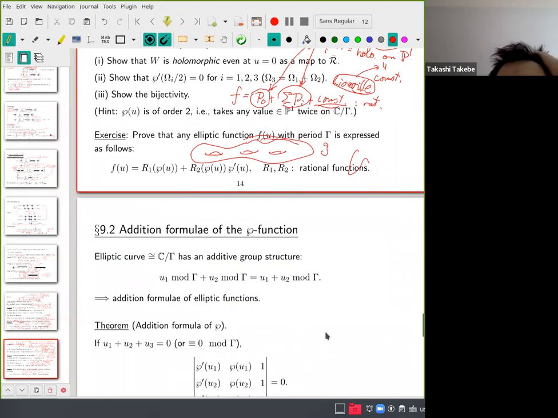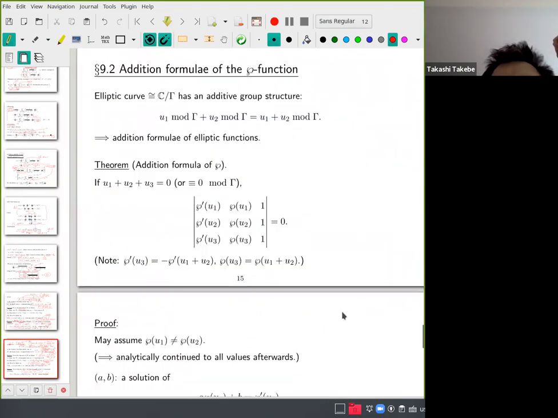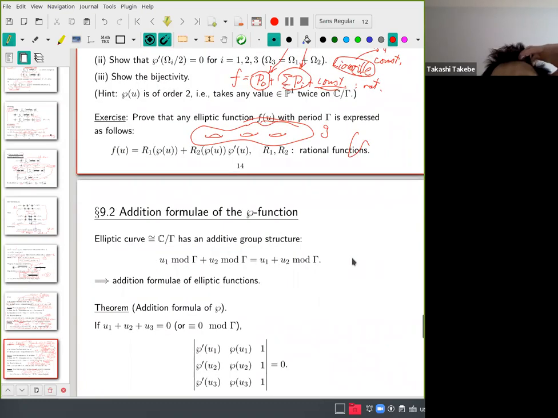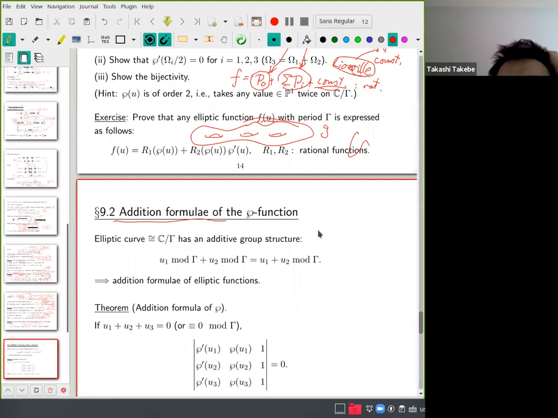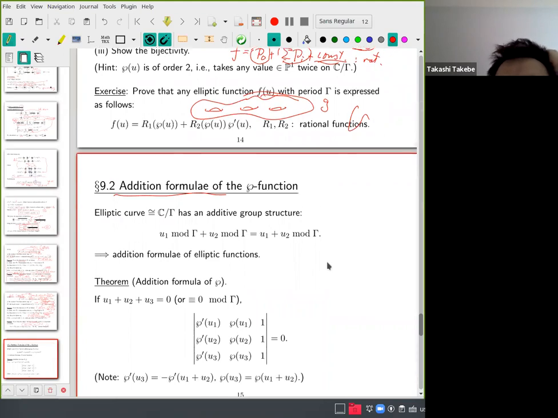So the rest is that, yeah, the last property I want to show you is the addition formula for the P function.